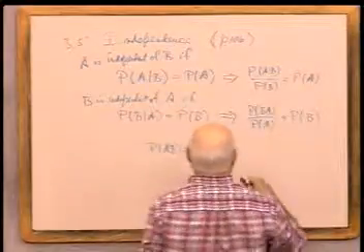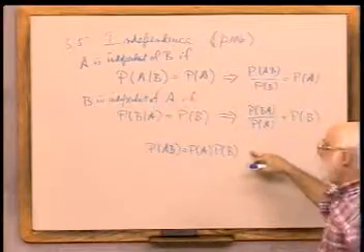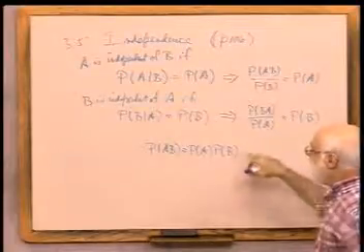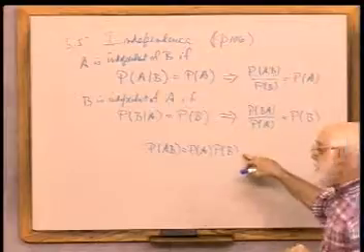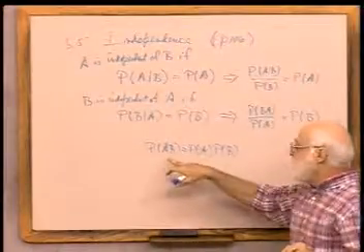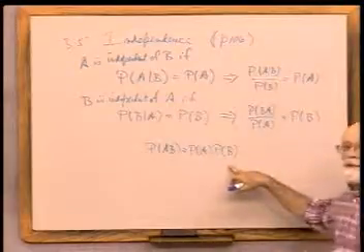So when people, often in textbooks, talk about independence, they define it to say that two events, A and B, are independent if the joint probability is equal to the product of the individual probabilities.